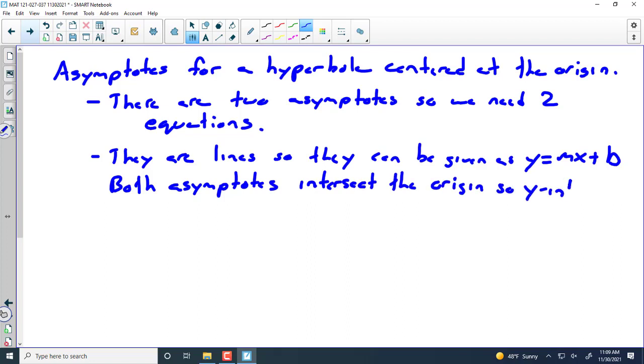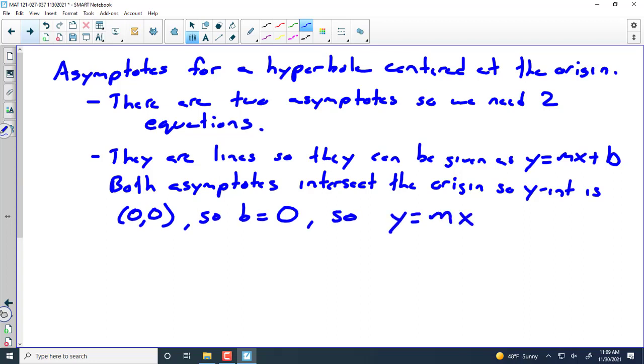So the y-intercept is 0, 0. So b equals 0. So we just need a slope. These asymptotes for a hyperbola cross the y-axis at the origin at 0. So the only thing we need to figure out is the slope of our asymptote, because we already know the y-intercept.